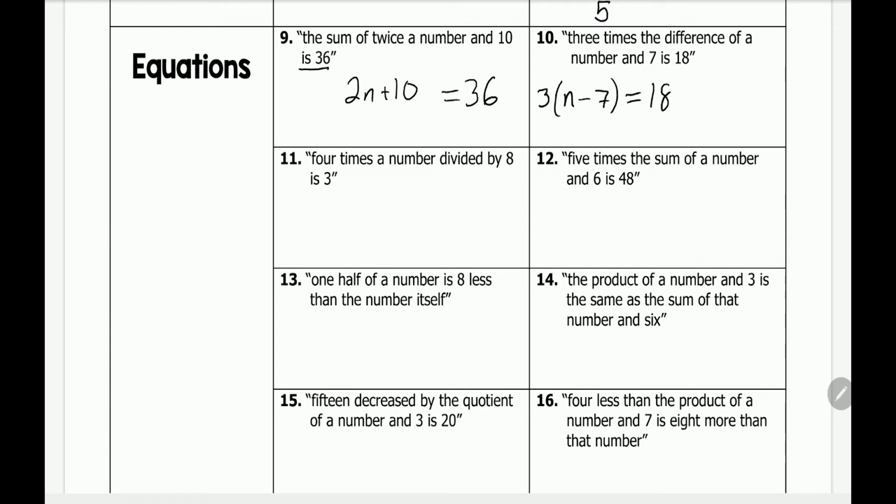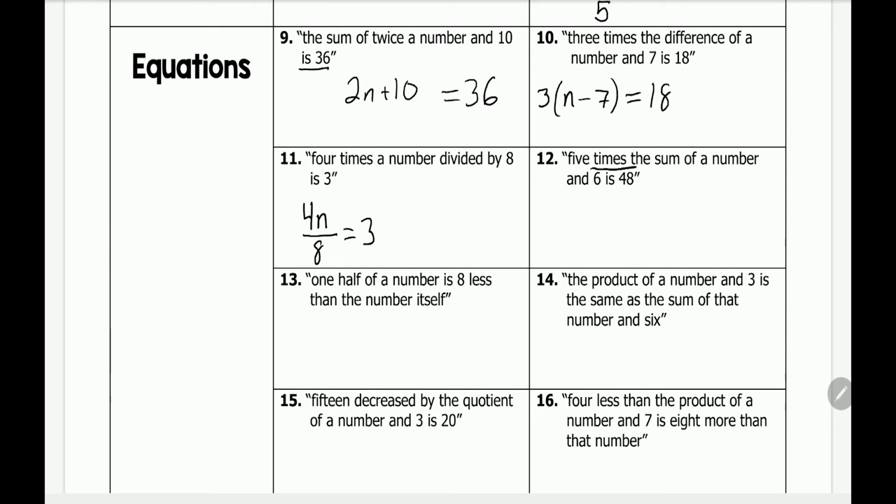Okay, number 11. We have 4 times the number divided by 8 is 3. So we have 4 multiplied by a number divided by 8 equals 3. Okay? So for number 12, we have 5 times the sum of a number and 6.